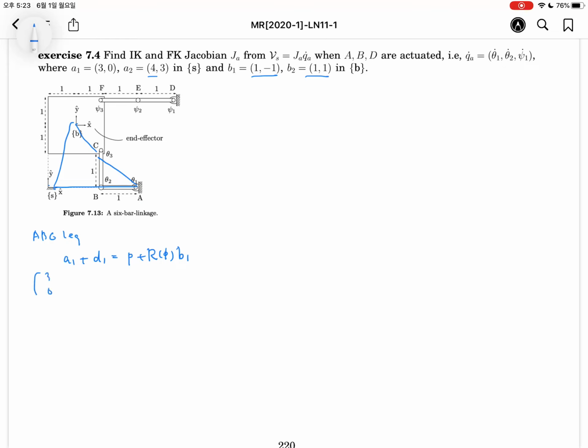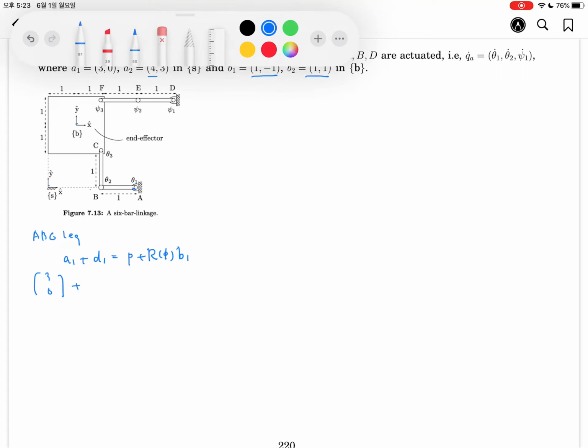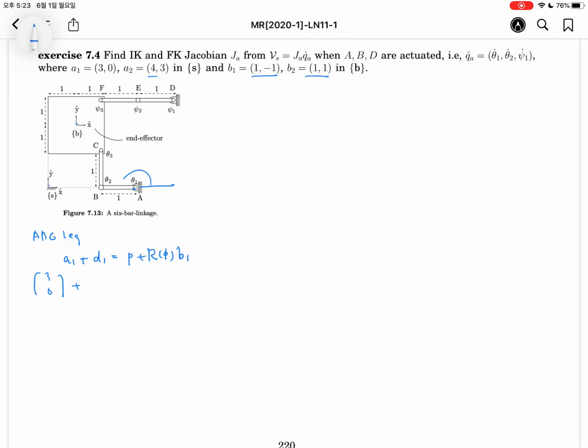A1, as you know, will be (3, 0). And D1 is dependent on theta 1 and theta 2. Let's describe it in more detail. This is theta 1 and this is theta 2.